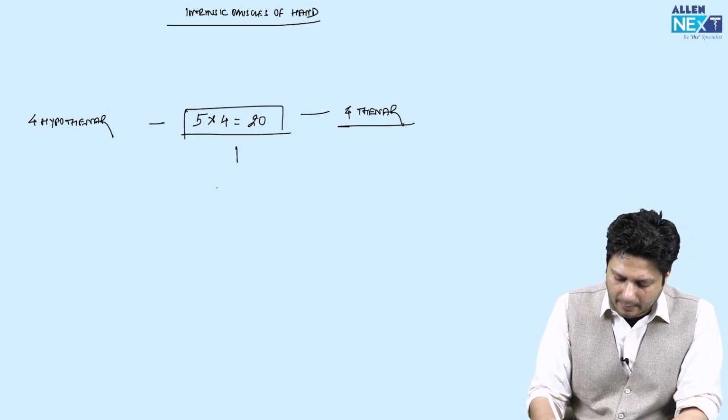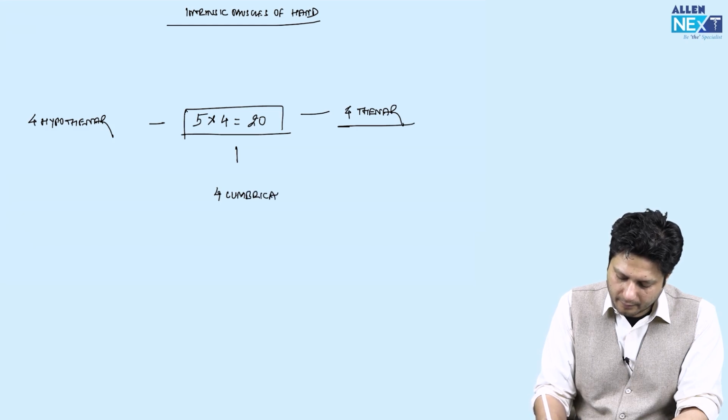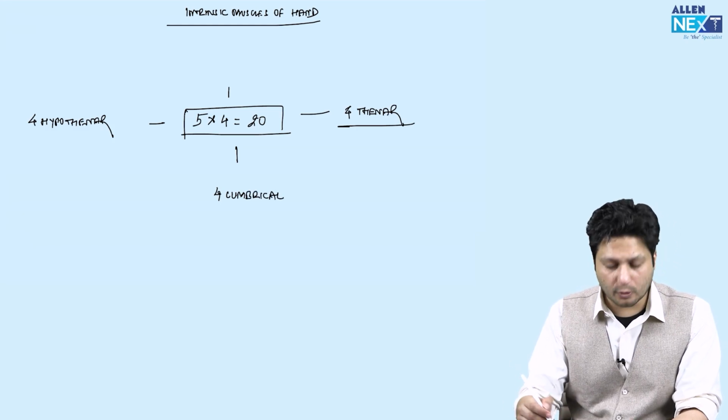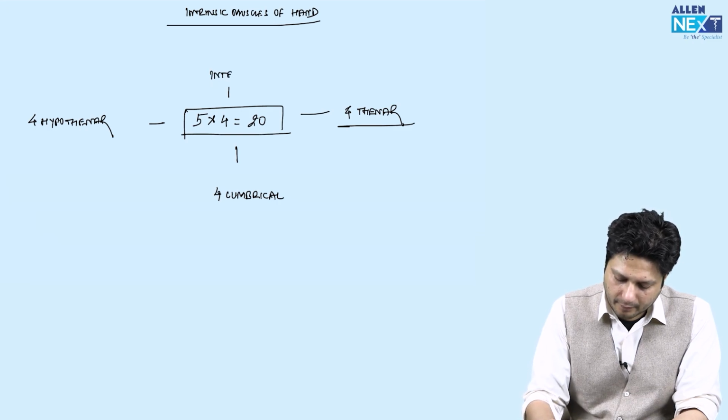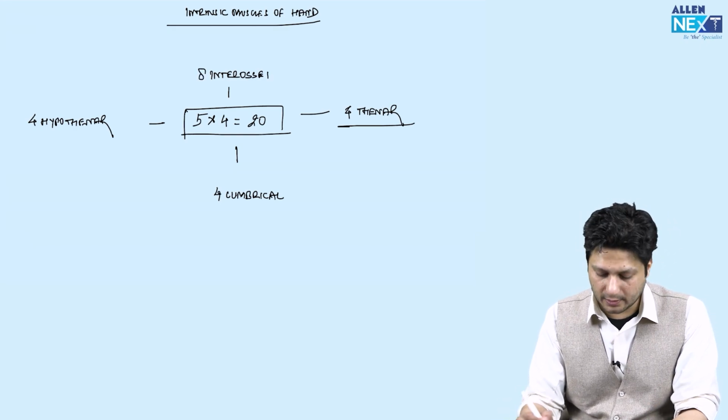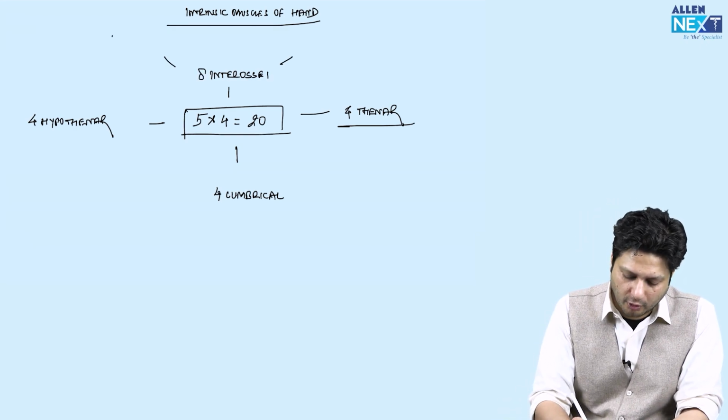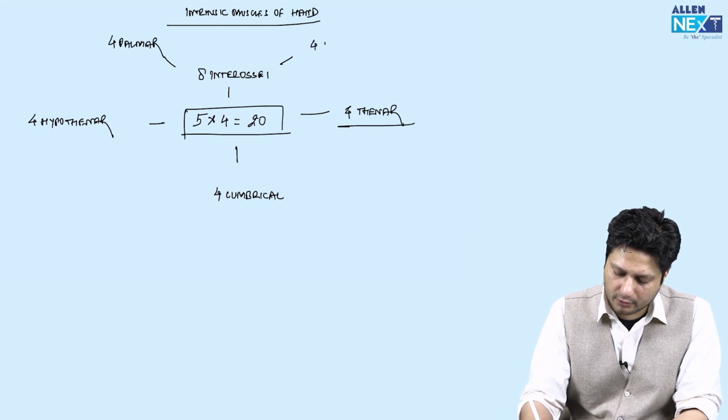Then the third group is lumbricals and there are 4 lumbricals. The fourth group is that of interossei. There are 8 interossei in total. It is further divided into 4 palmar interossei and 4 dorsal interossei.